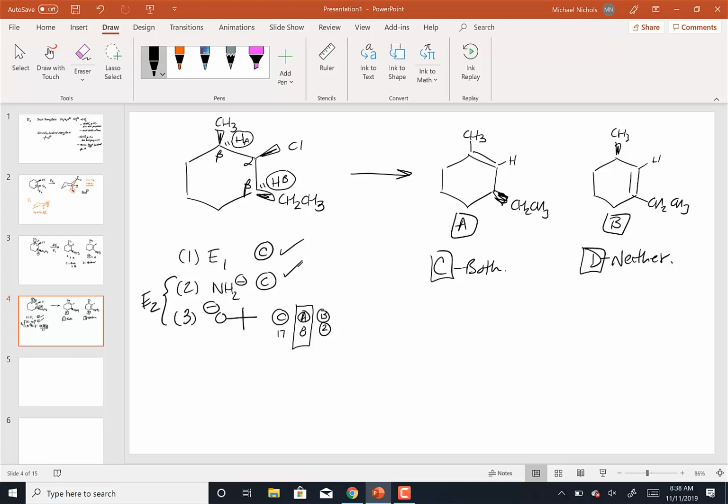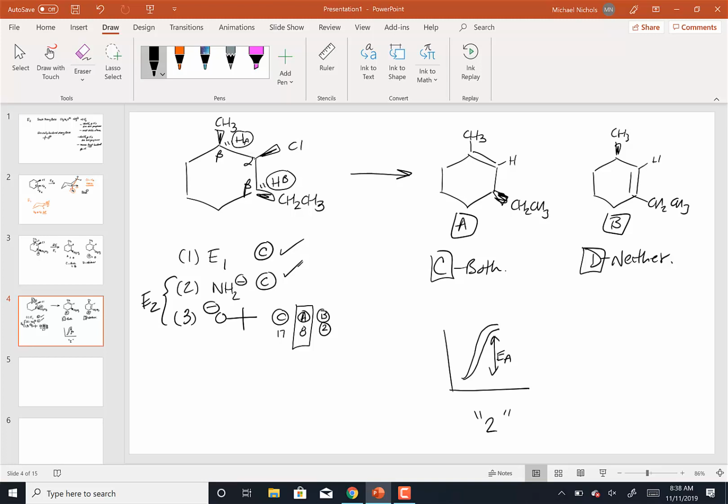So sterically hindered bases will always go for the less steric hindrance on the beta hydrogen, yes. Because it's about trying to get at that, and the more sterically hindered it is, the more it raises the transition state up. Because for a 2 mechanism, the major product is always based on activation energy, which means it's always based on the transition state energy.